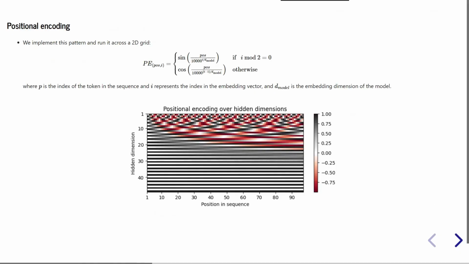So remember that these positional embeddings are simply some vectors that are added to the input tokens in order to keep track of the position of the patches in the original images. So in ViT, this positional encoding is usually implemented as a 2D grid with this equation here.